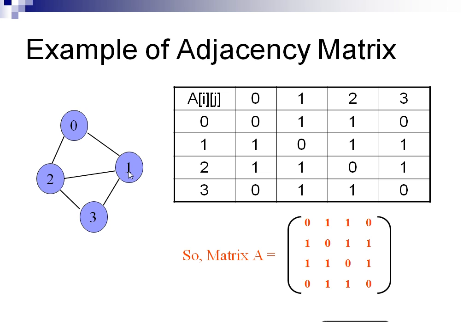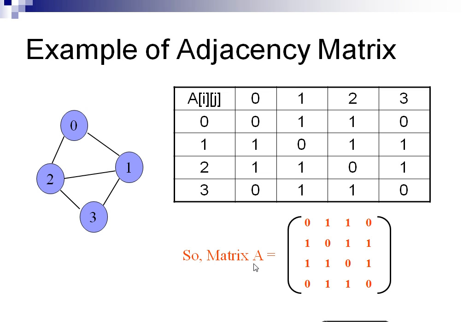Then from node 1 to 2 we are having an edge, we write it as 1. Then from node 1 to 3 there also exists an edge, so we are writing it as 1, and so on. We'll try to explore all of these nodes in the graph, building up an adjacency matrix.